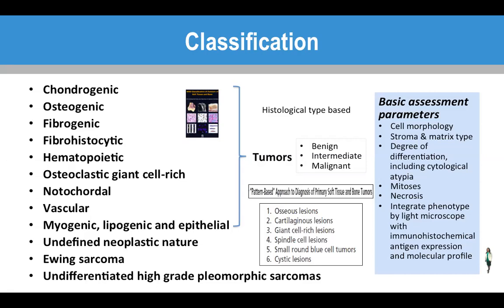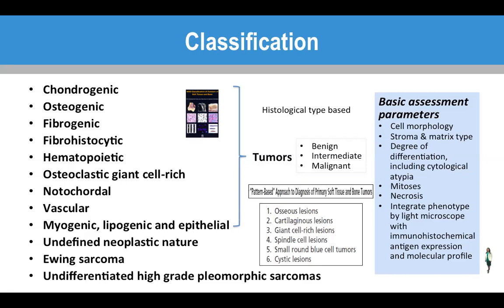Big means increased NC ratio, dark means hyperchromasia, ugly means irregular nuclear contour or clumped chromatin. So most of the malignancies have those features, but there are certain tumors that have a monotonous, low-grade look. Once we encounter those tumors, I will point it out.